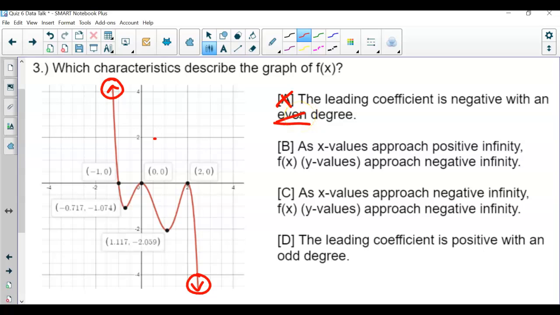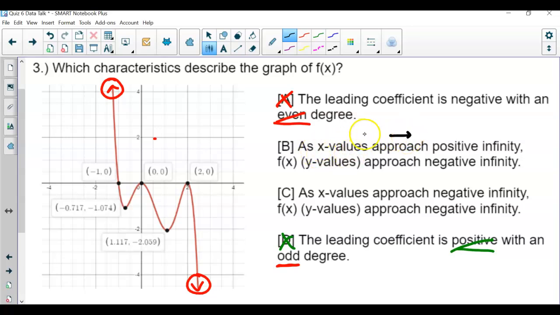But I also notice for B, it does say odd, but read the graph connecting the ends together from left to right. Notice what direction am I going? Down, making that leading coefficient not positive, but negative. So it's not B. So it had to be B or C. Now everything's in words, but remember the word approach means that arrow.